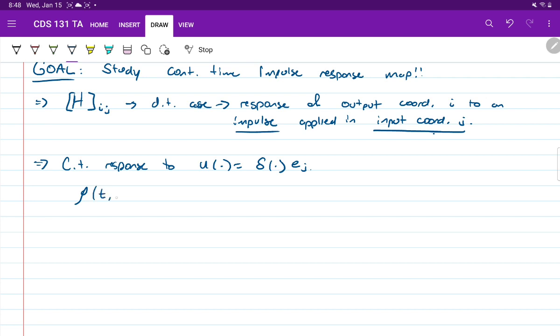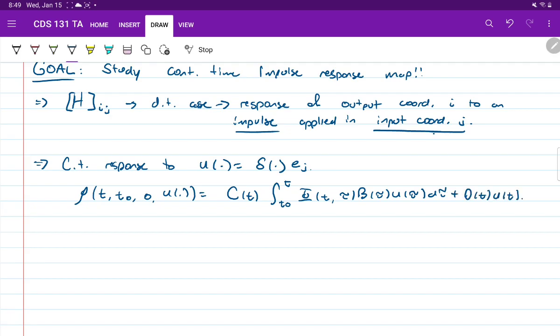So you might remember we have rho of t, t naught, 0, u equals C of t times the integral from t naught until t, Phi of t, tau, B of tau, u of tau, d tau, plus D of t, u of t, right?